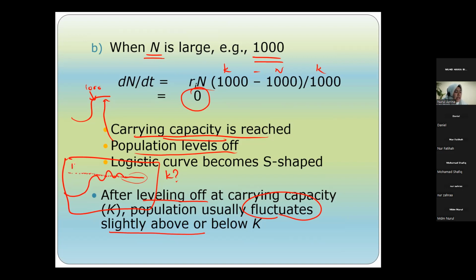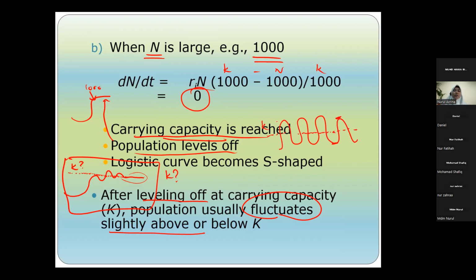So this point is your carrying capacity. Or if the curve is fluctuating like this, this is the peak and this is the lowest point of the fluctuation. So take the middle point. That is your carrying capacity.